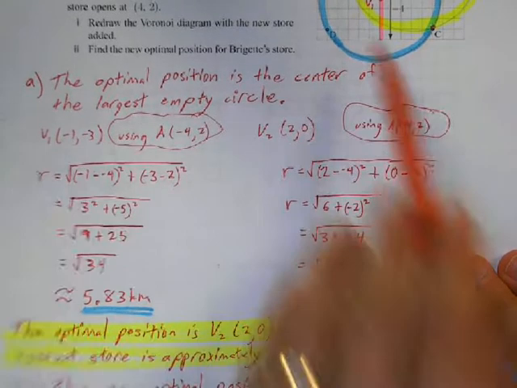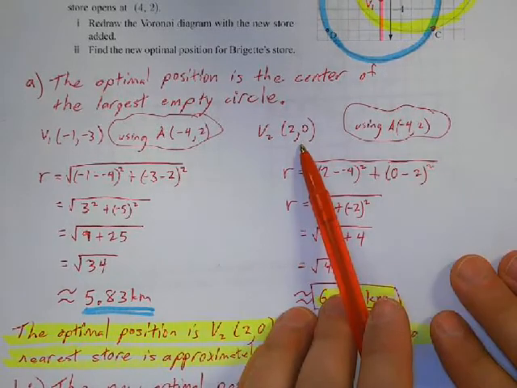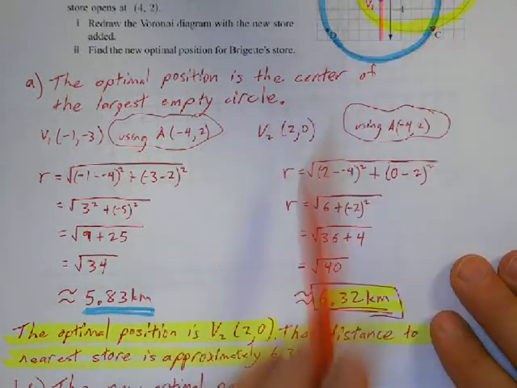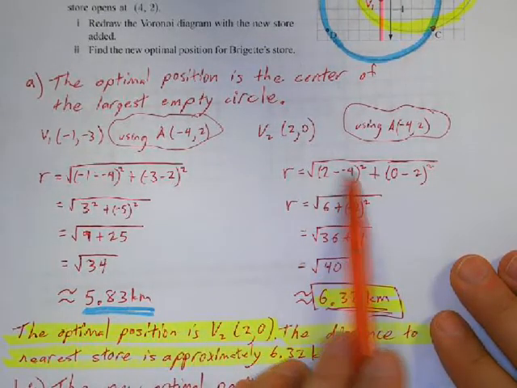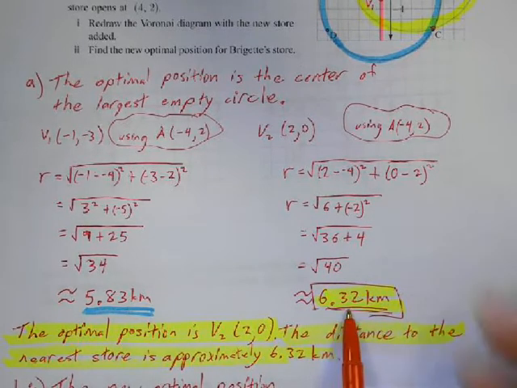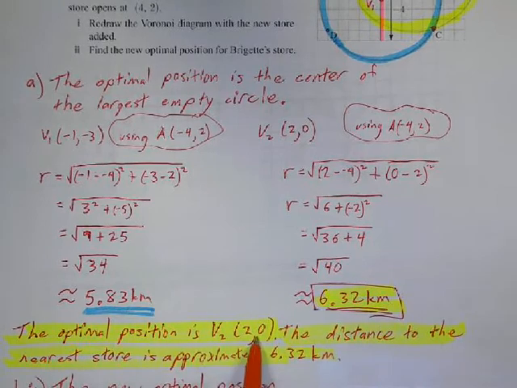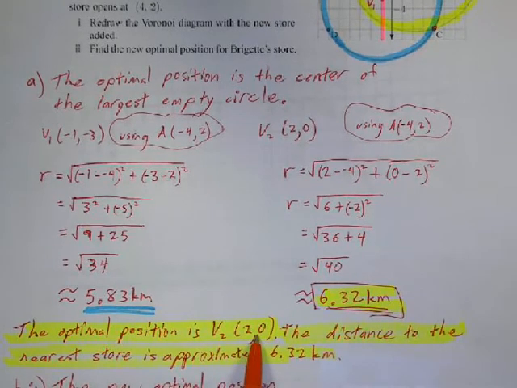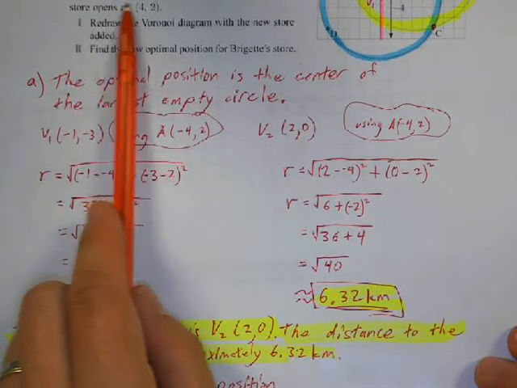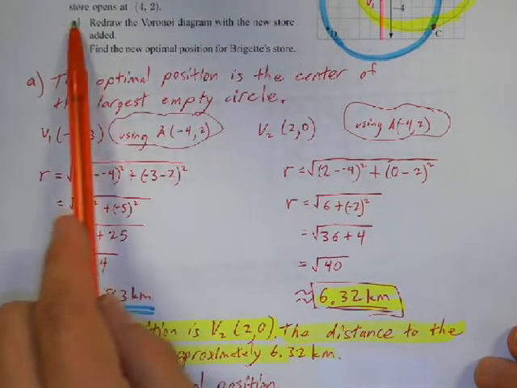If I use V2, which is (2, 0), and a random point like A, which is on the yellow circle, the difference of the x values, the difference of the y values, I find that the radius is 6.32. So the optimal position of the vertex for the largest circle is going to be (2, 0), and the distance is 6.32.